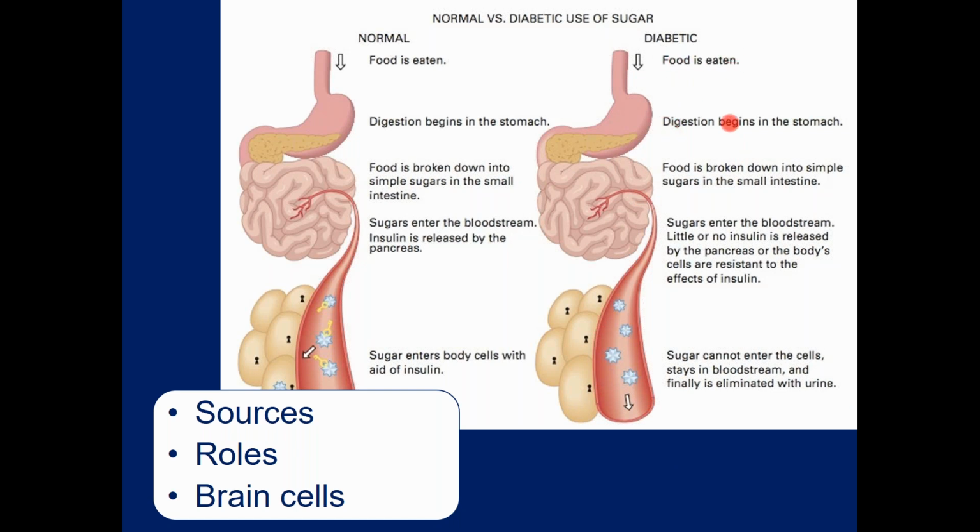So food is eaten and digestion begins. And you'll watch a patient, their blood sugar will step up and step up and step up and step up. And it just goes up and up and up with absolutely no relief. And the cells are not getting any of that sugar. So they're not producing any aerobic metabolism.